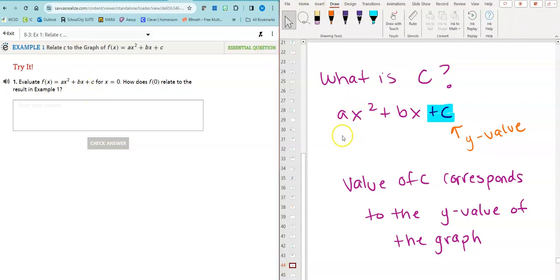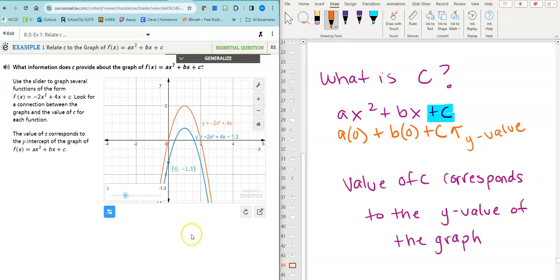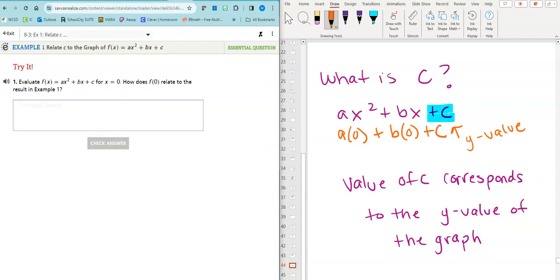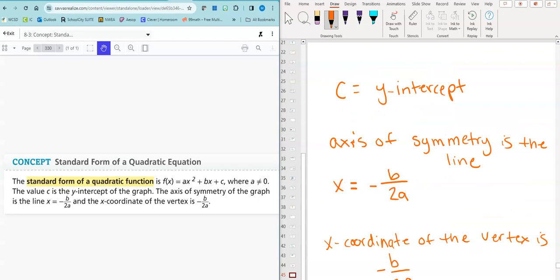Instead of a times x squared, I do a times 0. And instead of b times x, I do b times 0. How does that relate to what we did in example 1, to what we did on this page here? Give that a try.